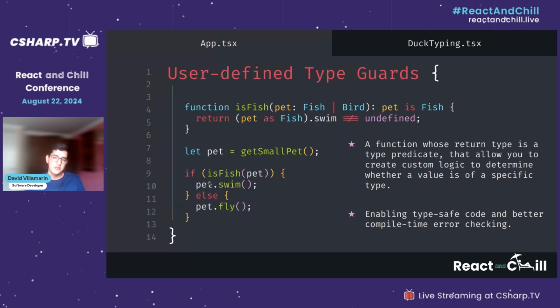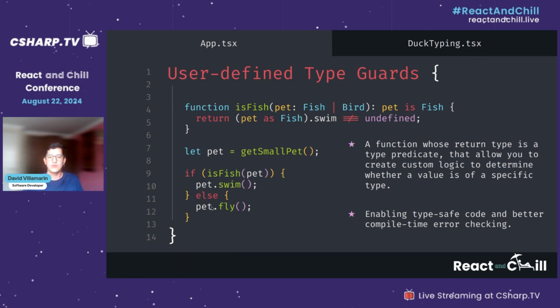But once we use this type guard, basically we are making sure that in the scope of this conditional, the first part of the if-else statement, we can handle a fish here, right? And same as in the type narrowing example, we just have two options, so the other option must be a bird, right?